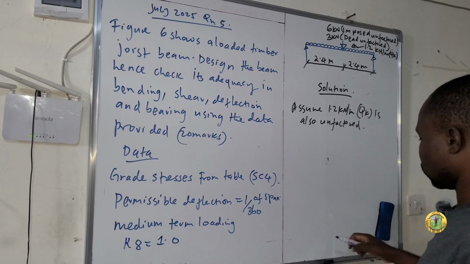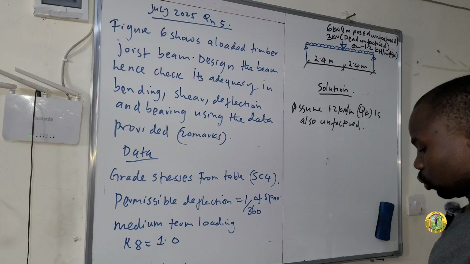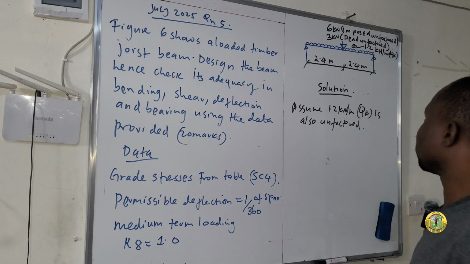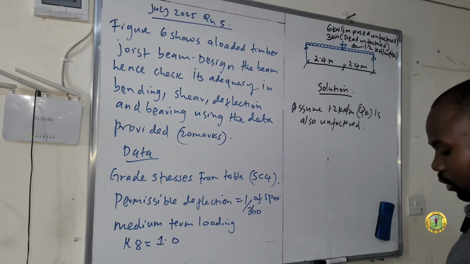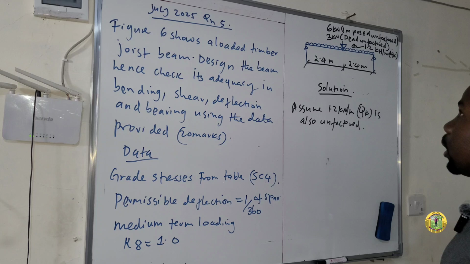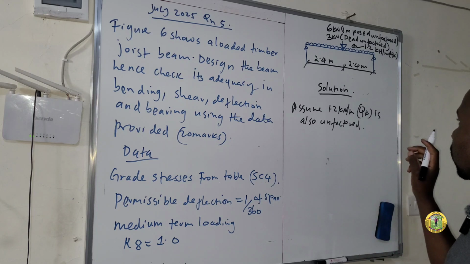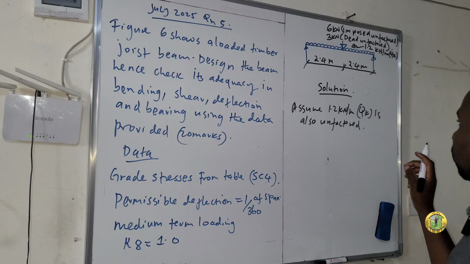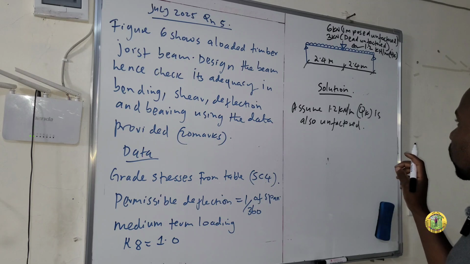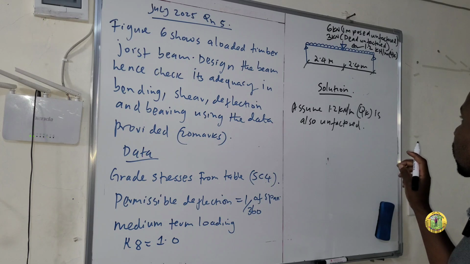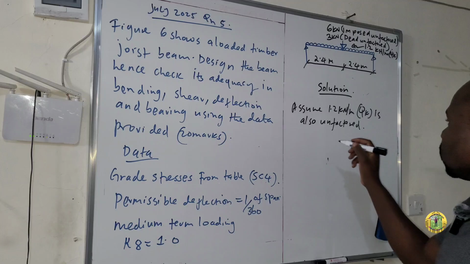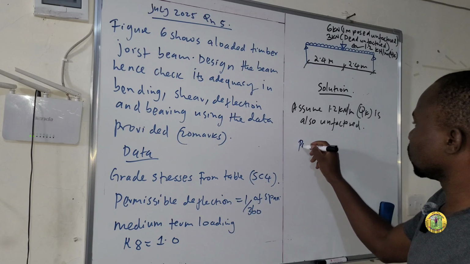After doing so, remember what I have just told you, that the BS5268, which is the design of timber, the philosophy which is behind the design is called permissible stress design.